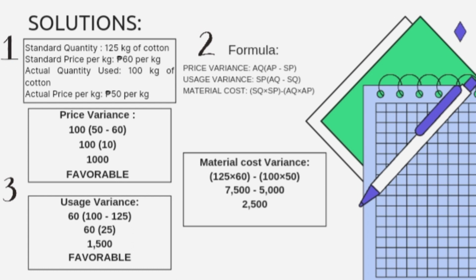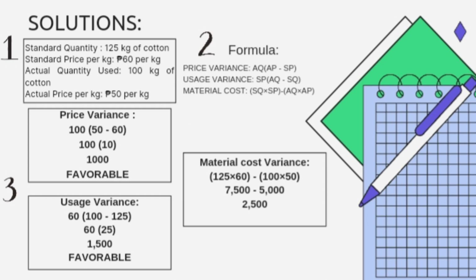The next one is the usage variance. The formula is standard price multiplied to the actual quantity minus standard quantity. So the standard price is equal to 60, actual quantity is equal to 100, and the standard quantity is equal to 125. 100 minus 125 is equal to 25, or negative 25.